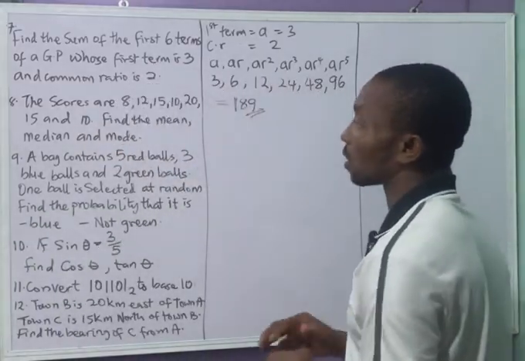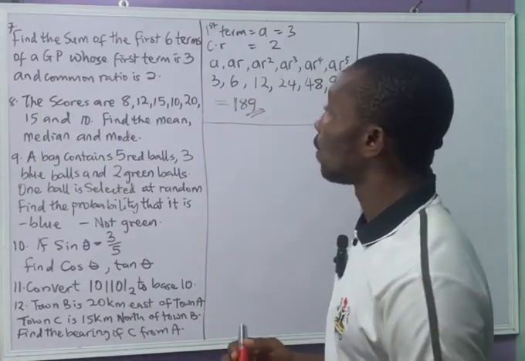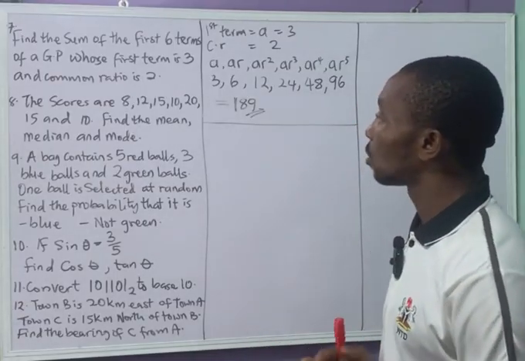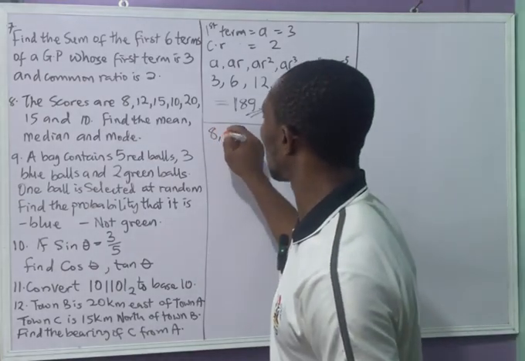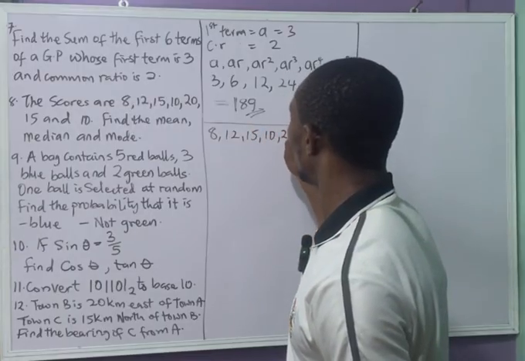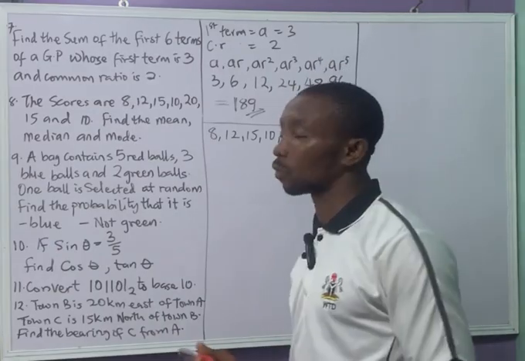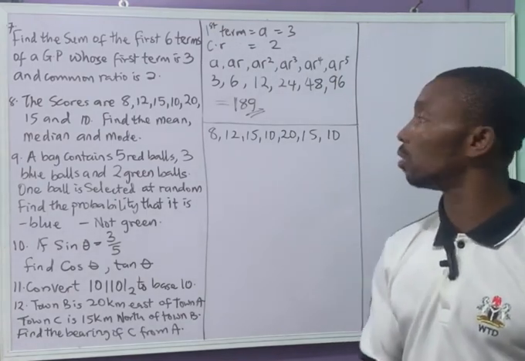Now, the next one says the scores are 8, 12, 15. So let's look at our scores. We have 8, 12, 15, 10, 20, 15, and 10. Now we have to find the mean, the median, and the mode.